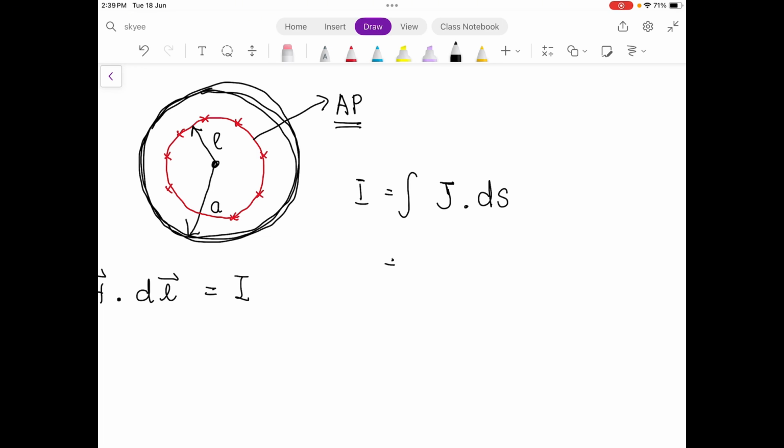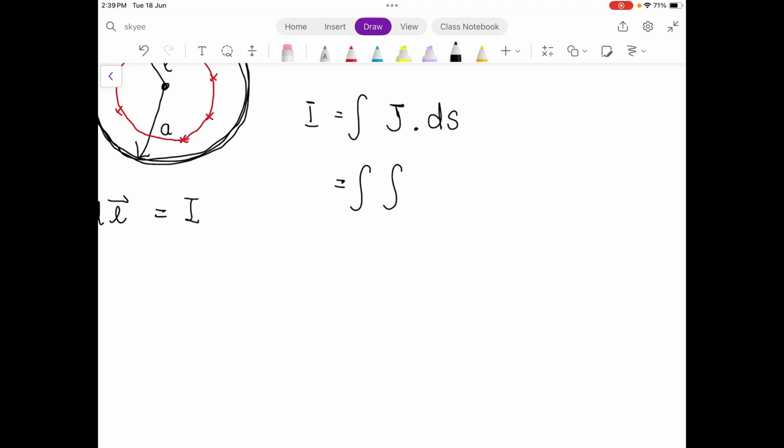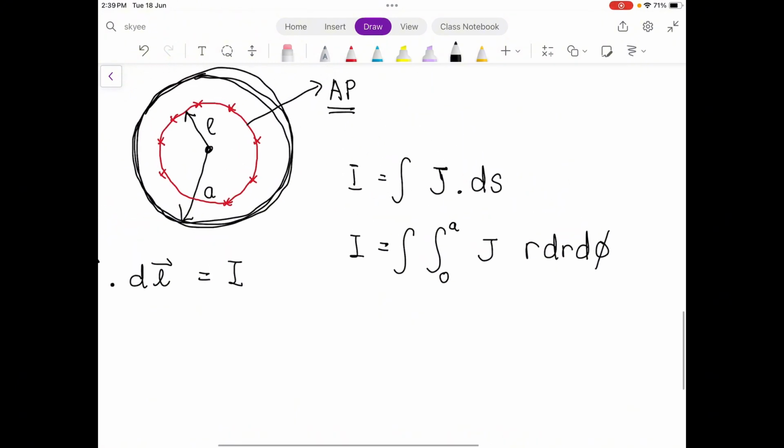We will have a double integral because it is ds. For cylindrical coordinates, ds is r dr dphi, and the radius goes from 0 to A, where A is the radius of the inner conductor, and phi goes from 0 to 2 pi.